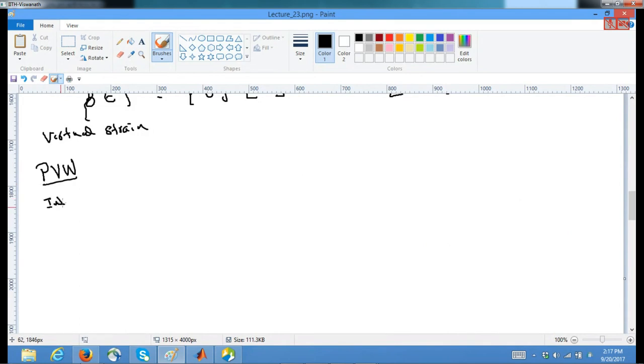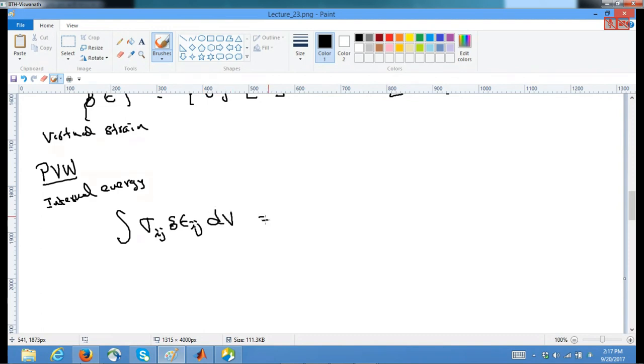internal energy, integral sigma ij delta epsilon ij dV.